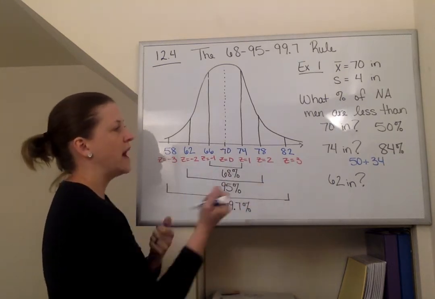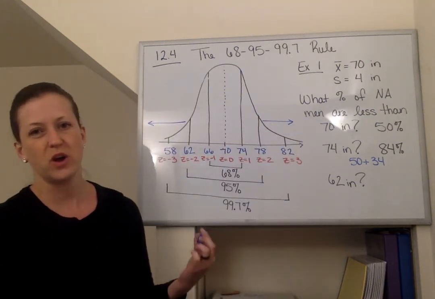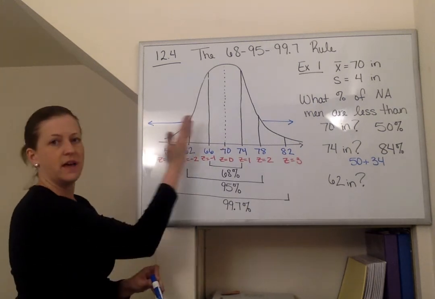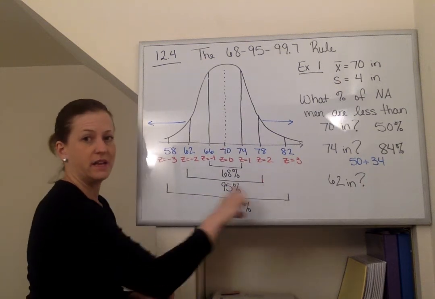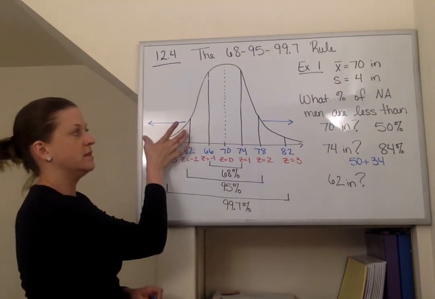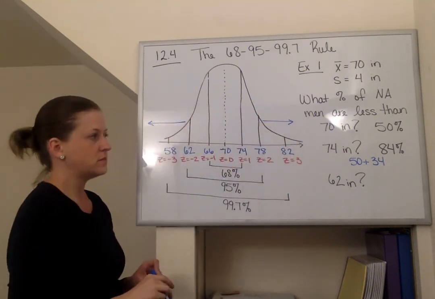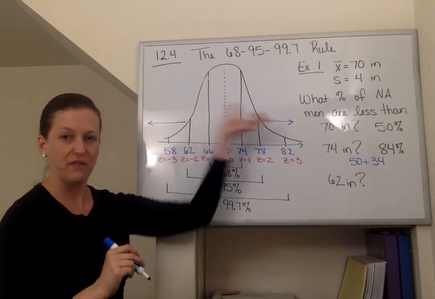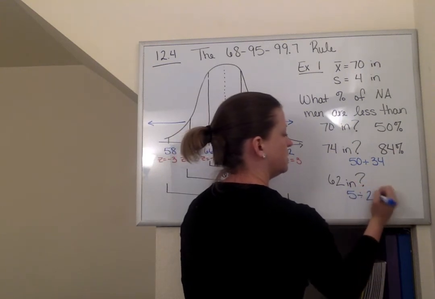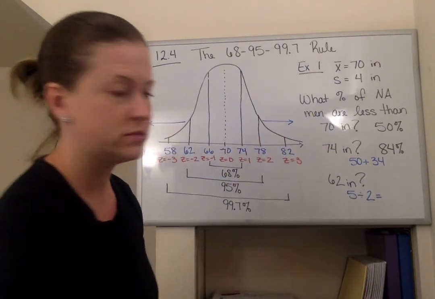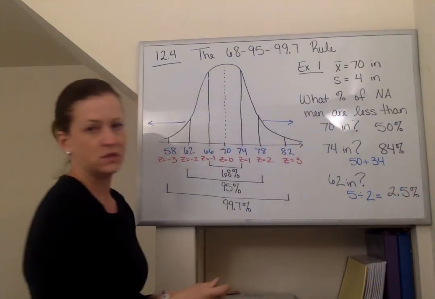So that leaves these ends that we call tails. It leaves the left tail and the right tail. Well, if this is 95, then the tails are the extra 5. But each one is only half of that, right? So what's 5 divided by 2? 2.5.